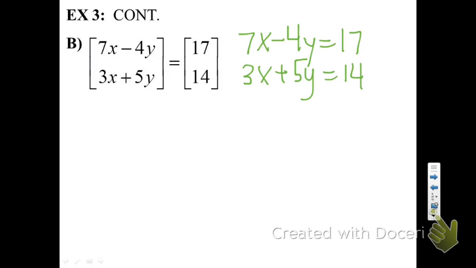At this point, you should recognize that this is a system of equations, and we have solved these in that last unit. So to solve them, we're going to create opposite coefficients.